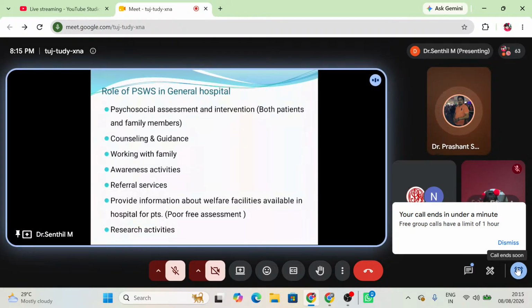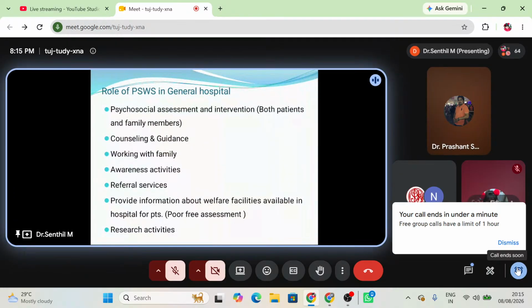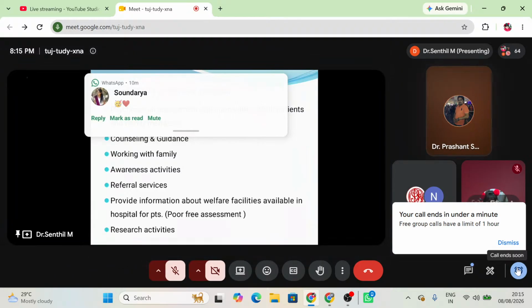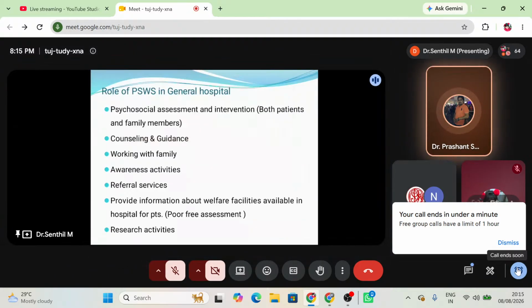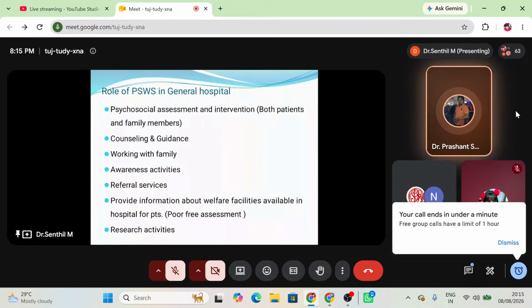Sir, sorry for the interruption, this call will end in 1 minute. So we can join with the second link we have shared, so that we can continue with this slide. How much time do we have? I have completed half of the presentation. Will we be able to complete 15 minutes? No, this call will end in 1 minute. I think I will be able to complete in 15 minutes. Everyone is requested to kindly join with the second link.